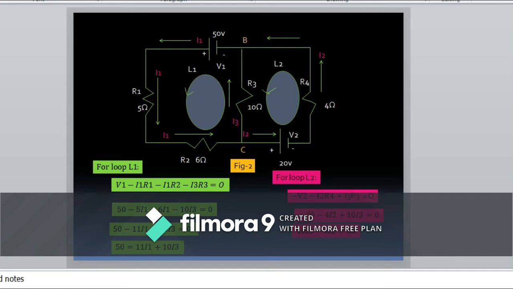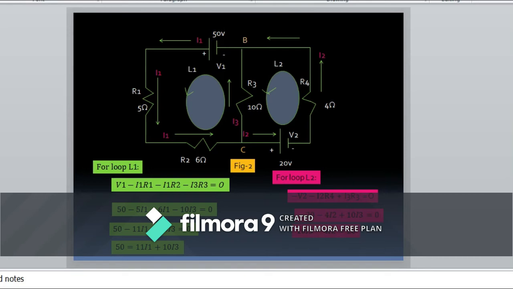I1 current is flowing from negative terminal to positive terminal of the battery, so it shows the potential increase, that is plus V. At loop L1, the direction is along the direction of the current through the resistance R1. So there is potential loss, that is minus I1 R1.